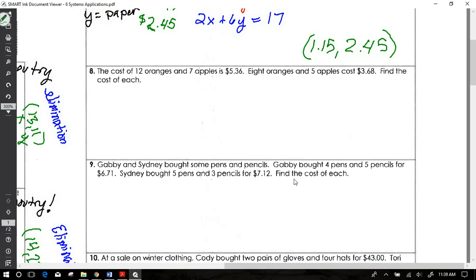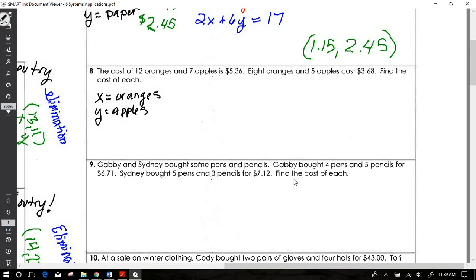So let's try to translate this, okay, and identify what our two things are. So the cost of 12 oranges and 7 apples is $5.36. So I have oranges and I have apples.